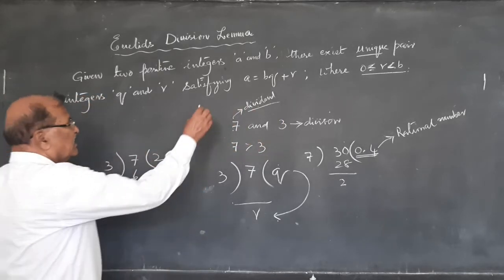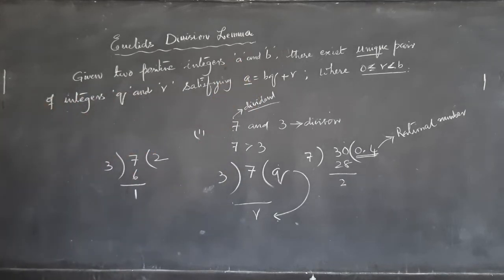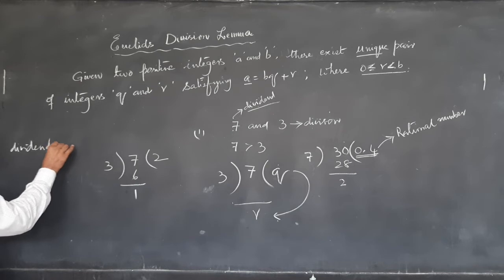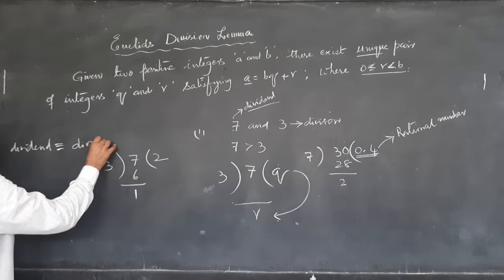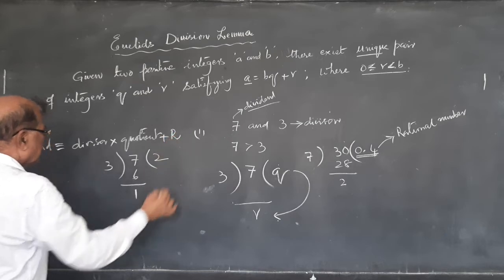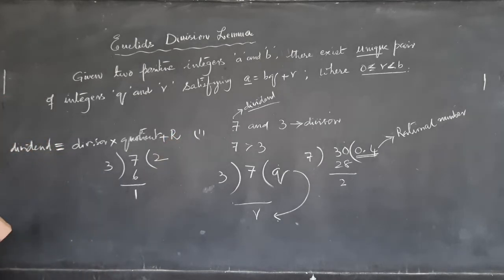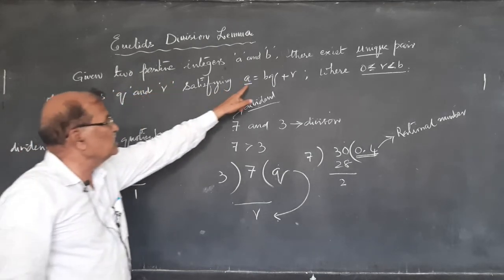Here we have taken A greater than B. So we are getting A is equal to BQ plus R. In the lower classes we have learnt this as dividend is identical equal to divisor into quotient plus R. Identical equal, it stands for congruent, it is identical equal for all the positive integers which satisfy A is equal to BQ plus R.